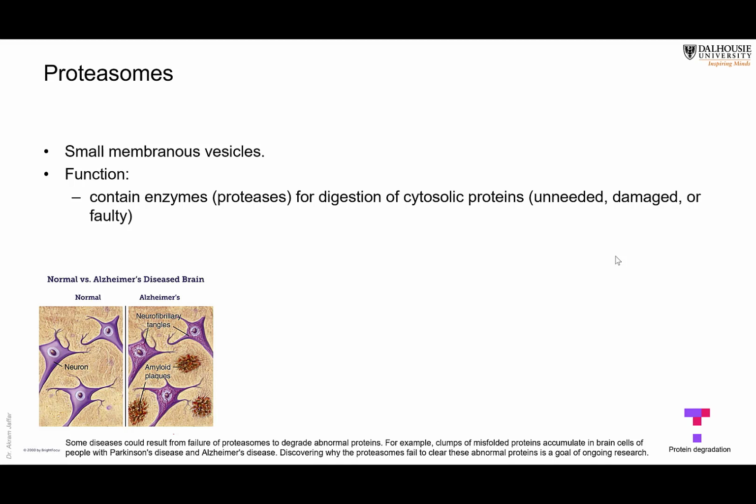They have found in research that an excess of these damaged, unneeded or faulty proteins is present in the cytoplasm of neurons of people with Parkinson's disease and Alzheimer's, and it's probably one reason, one cause of these diseases. We don't know exactly. This is because these cells have defective proteasomes, so they cannot remove the faulty protein, and it will be deposited in their cytoplasm.